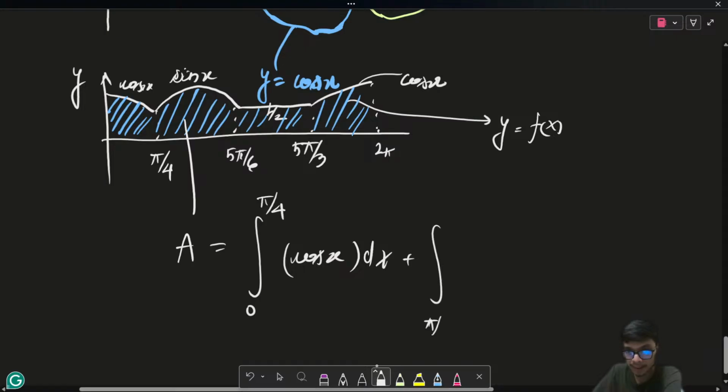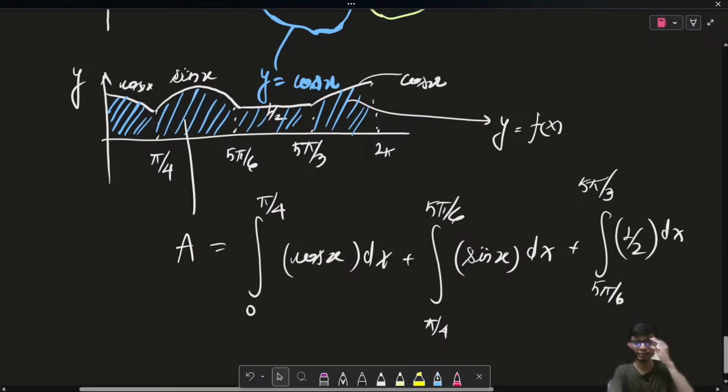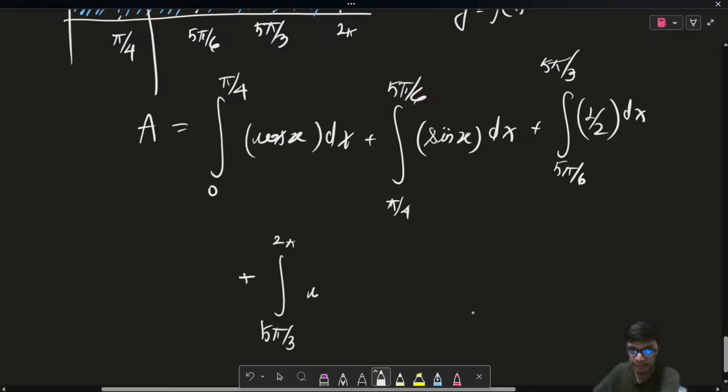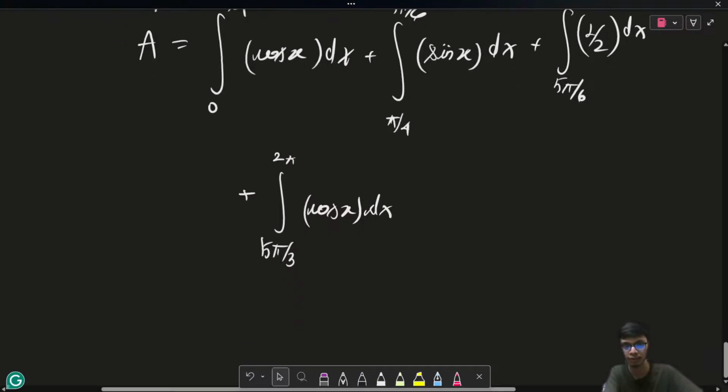In the interval pi upon 4 to 5 pi upon 6, it is the integration of sin x dx, right? In the interval 5 pi upon 6 to 5 pi upon 3, it is the integral of half, and in the final interval from 5 pi upon 3 to 2 pi, it is the integration of again cos x, right?